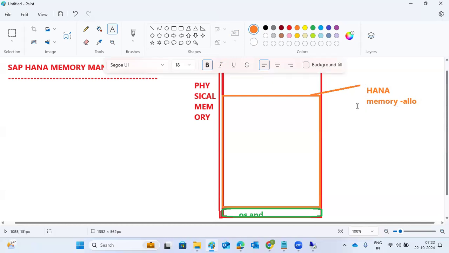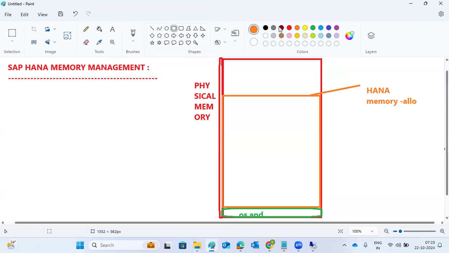Once done, immediately when you install the HANA database, HANA will not use the entire memory. Initially, HANA has its code and programs, and there is table data already occupied.